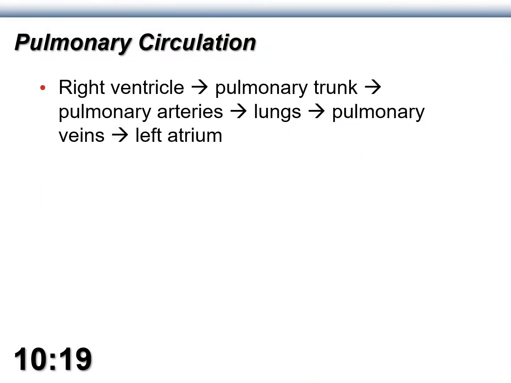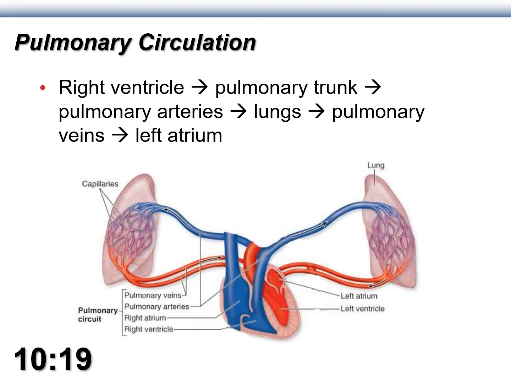We do have a circulation system that's independent from the regular systemic vascular circulation. It's a lower pressure system, a little less than half of the pressure of the systemic circulation, coming off of the right ventricle. So we have the pulmonary arteries, which go to the lungs where they bifurcate down to a capillary level, and return via the pulmonary veins and back to the left atrium. Again, a lower pressure system.